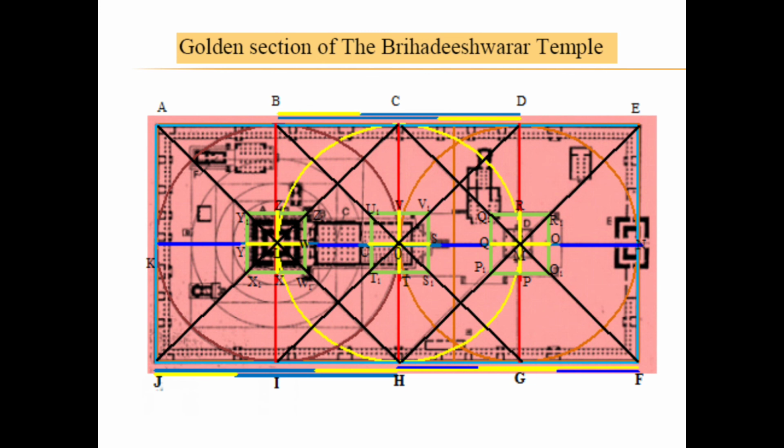If you consider it vertically, one side of the temple to the Garbhagraham and the other side of the temple to the Garbhagraham perfectly match the golden ratio. Likewise, the Nandi Mandavam and the middle portion of the temple also. So horizontally, vertically and diagonally, it perfectly matches the golden ratio section.